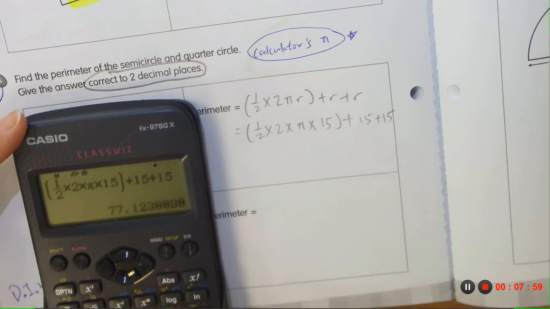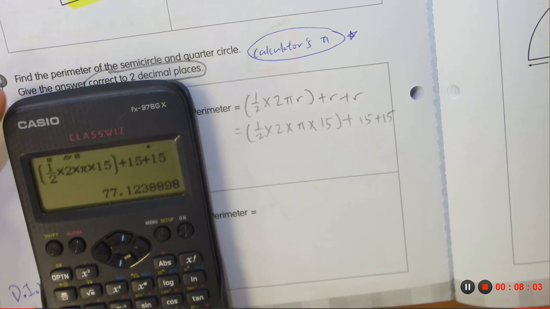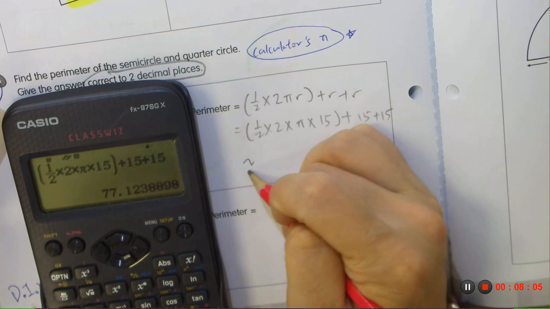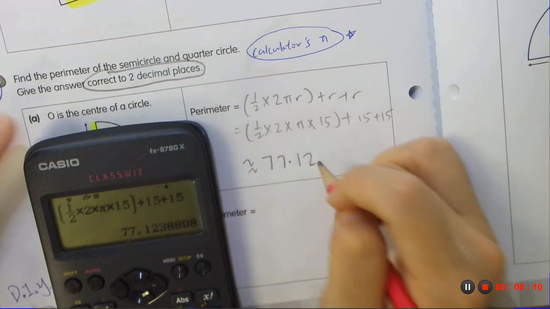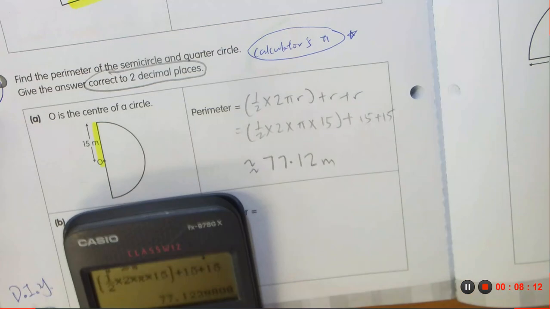Okay, equal. I have 77.123888. Okay, just round off to 2 decimal places. 77.12 meter.